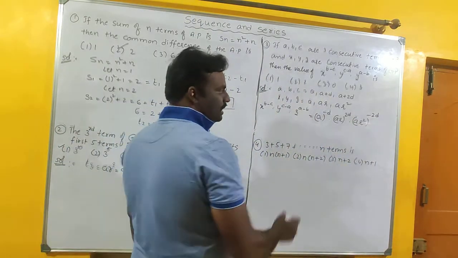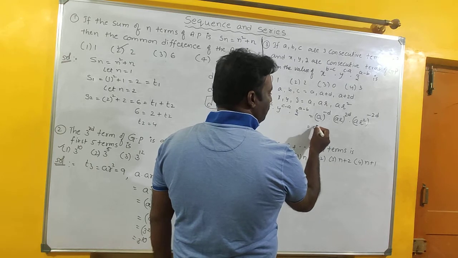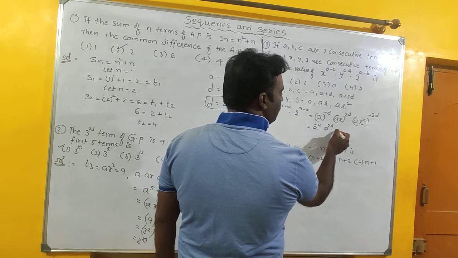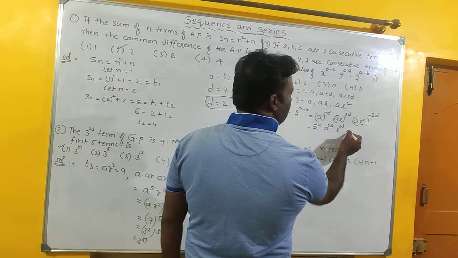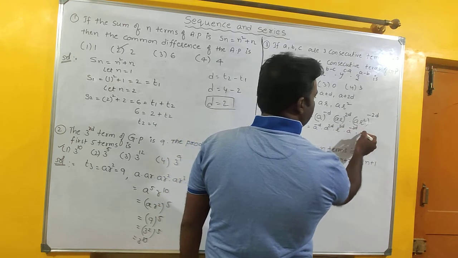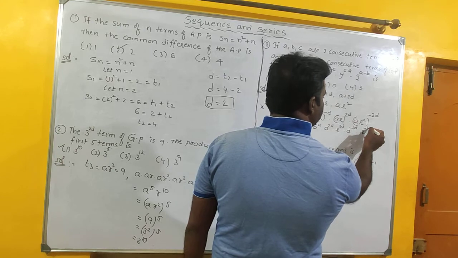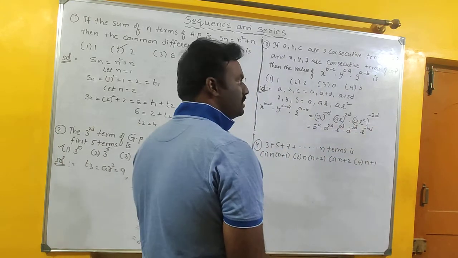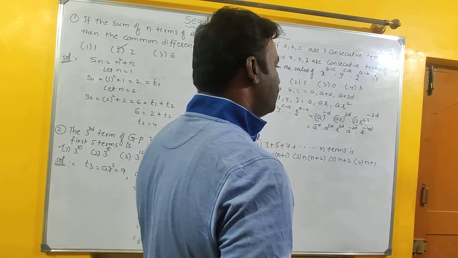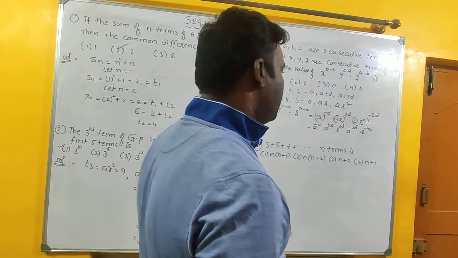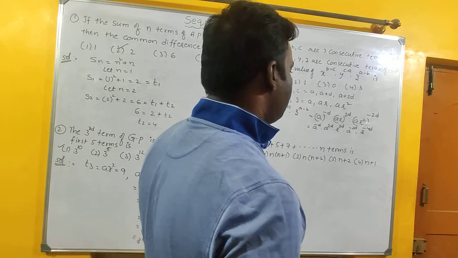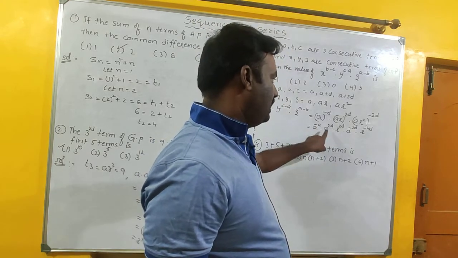Now from this I can write A power minus D, A power 2D, R power 2D, A power minus 2D, R power minus 4D. Now we can write the terms of A power first. Here A is there, and here A is there.